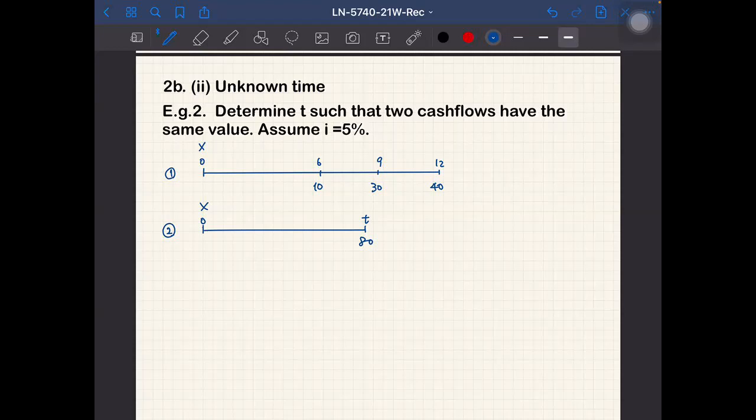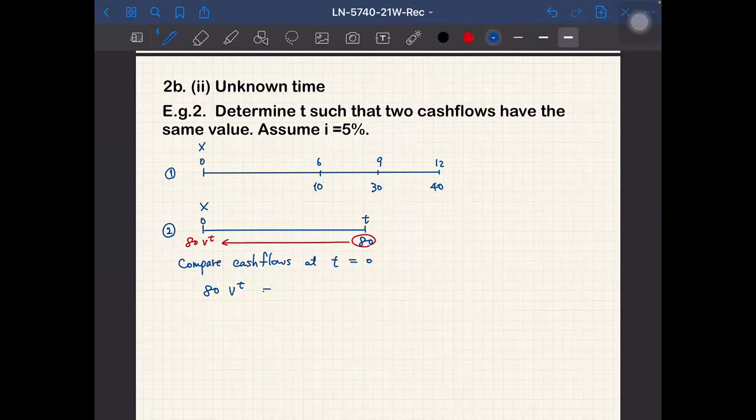So compare the present value of the cash flows at time equal to 0. The second one has the 80, so this 80 is worth 80 times v to the power t at time 0.